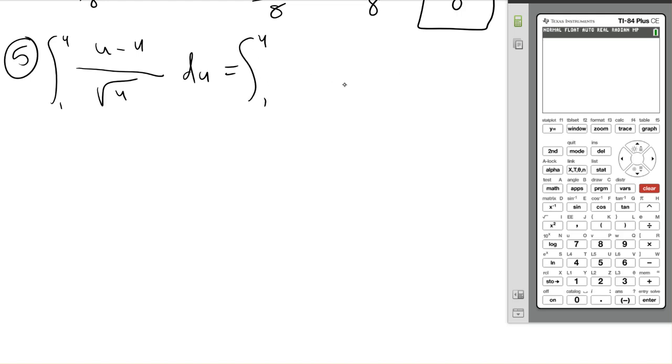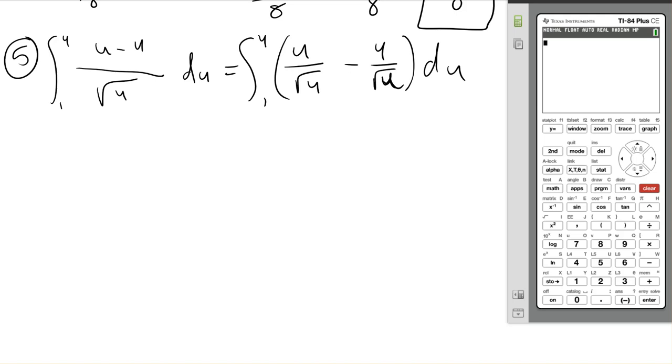So I'm assuming that's where you had some issues getting started. Okay, so in a fraction, you can split apart numerators. You can't split apart denominators, but numerators you can. So you could make this u over the square root of u minus 4 over the square root of u. You okay with that?